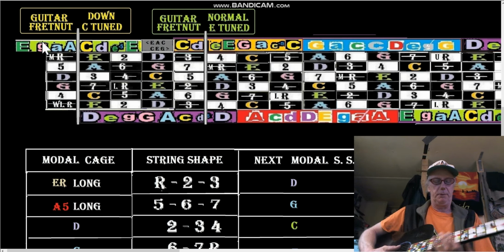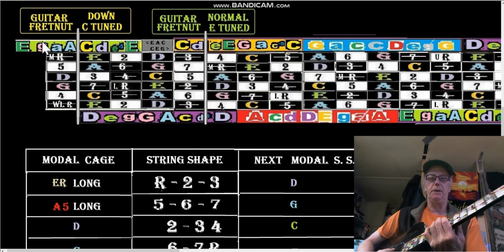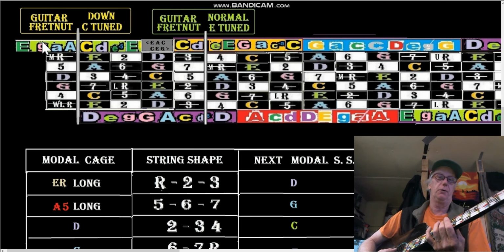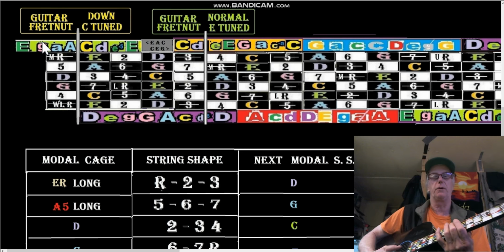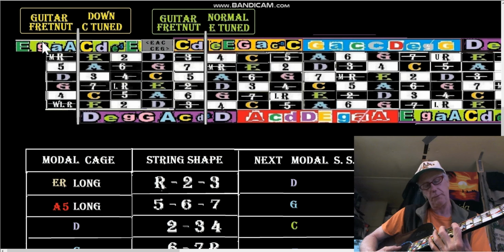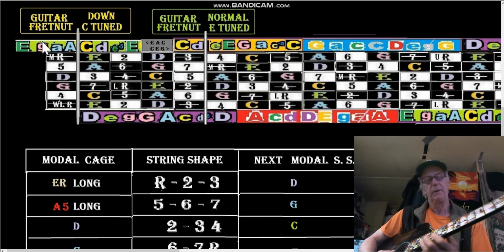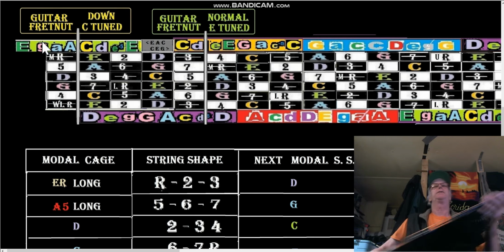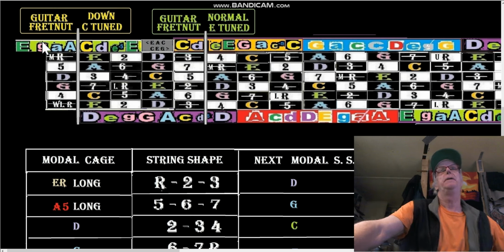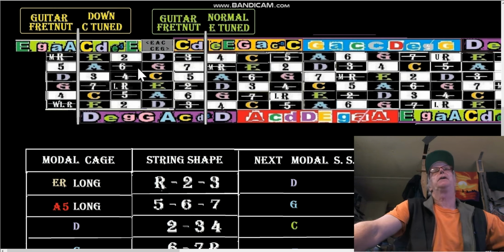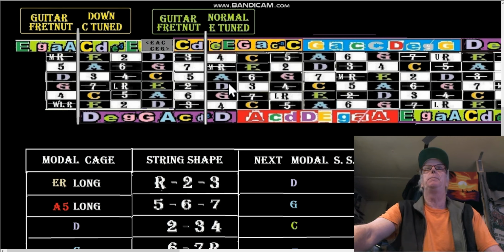We wouldn't want to play that same shape scale up here, or we would be playing the A scale off the 4th. That would be an A scale, not an E scale played as the 4th. The E scale played as the 4th would be like this. It gets a little complicated, but that's what the entire chart encompasses.